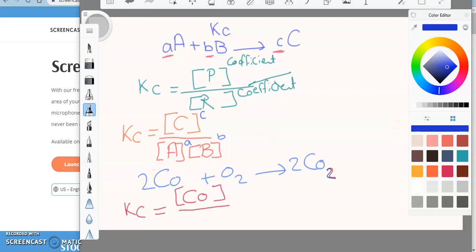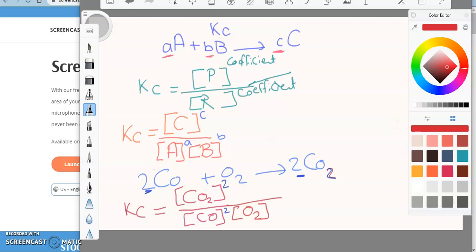Let's write down 2, to the power of 2, divided by the concentration of the reactants to the power of their coefficient. 2 from here, O2 to the coefficient of 1.